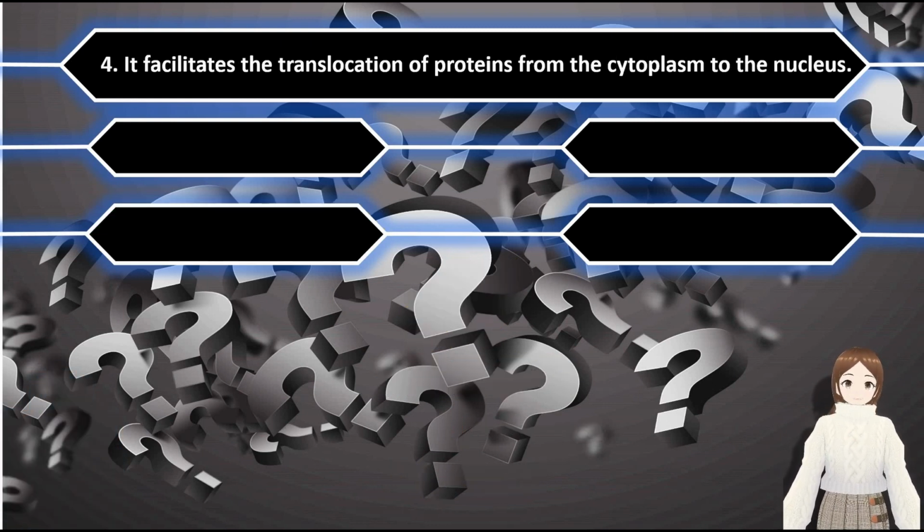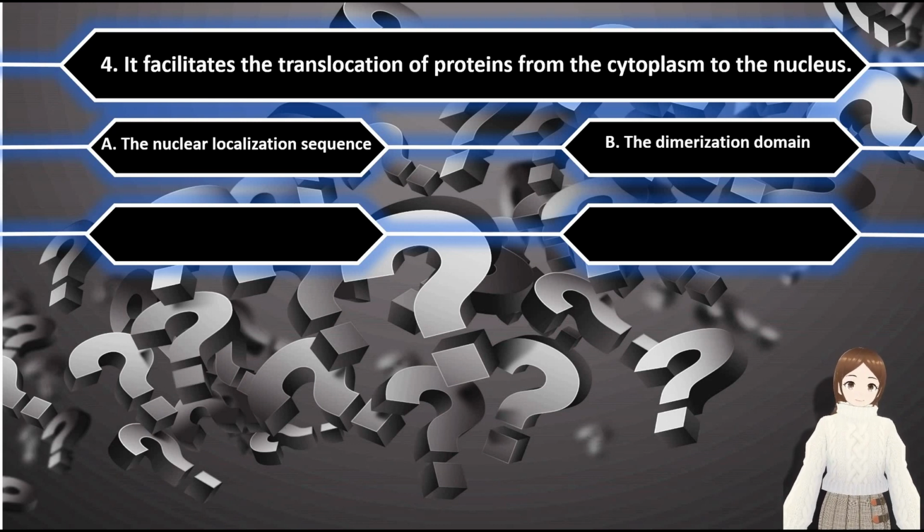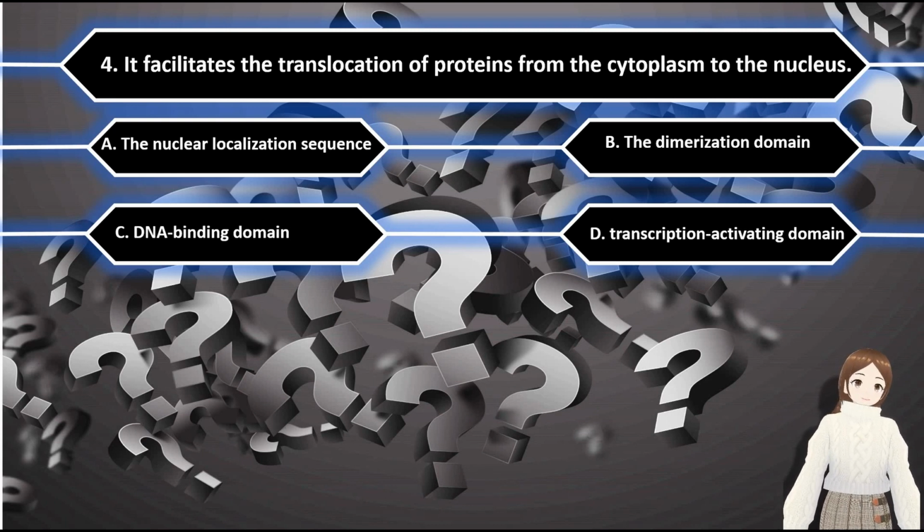Question number 4. It facilitates the translocation of proteins from the cytoplasm to the nucleus. A. The nuclear localization sequence, B. The dimerization domain, C. DNA binding domain, and D. Transcription activating domain.